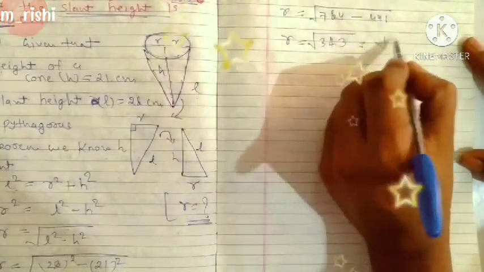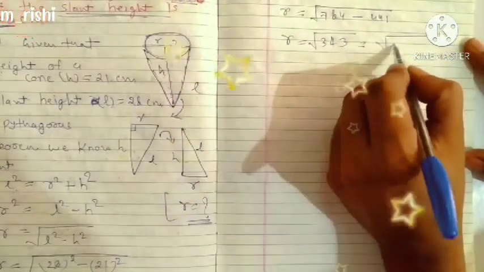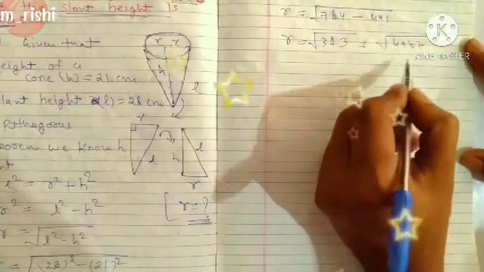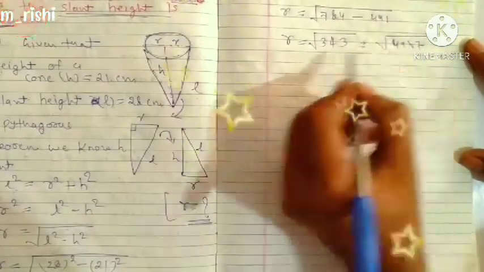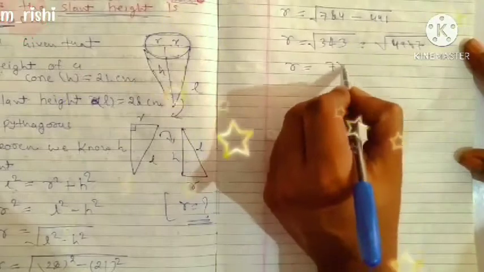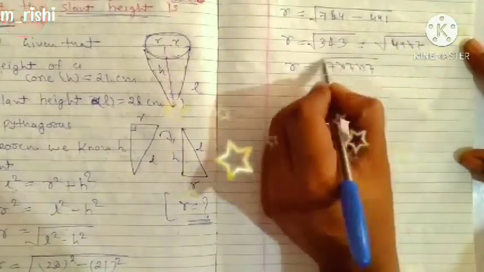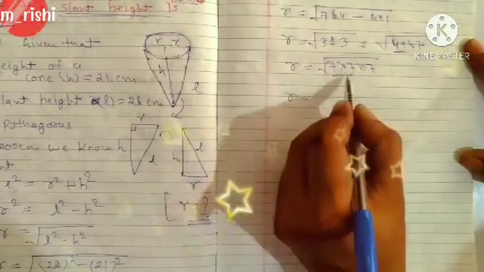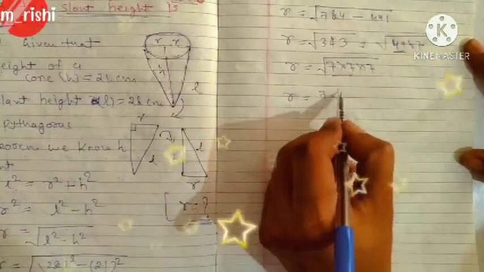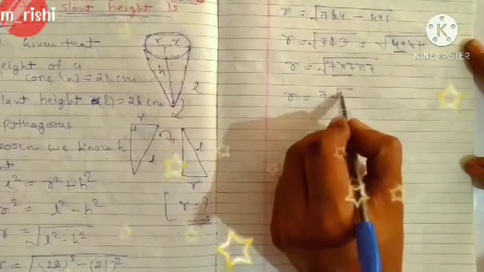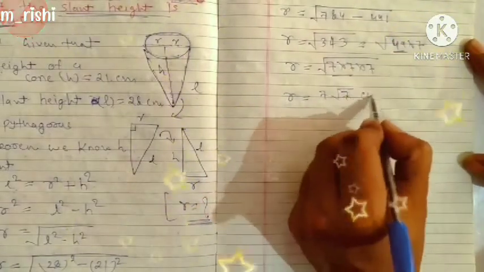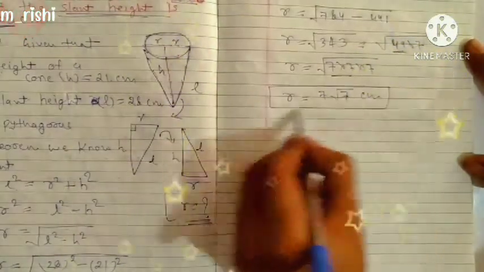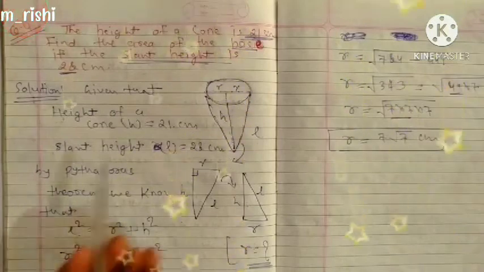So 343 is 7 cube. So I write here 49 multiplication 7. This 49 is 7 into 7. So outside 7 comes, and inside under root of 7. This is the radius, 7 under root of 7 centimeter.